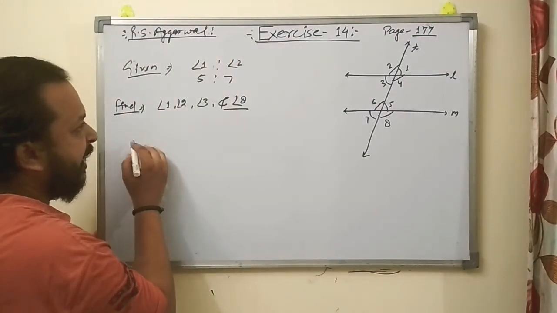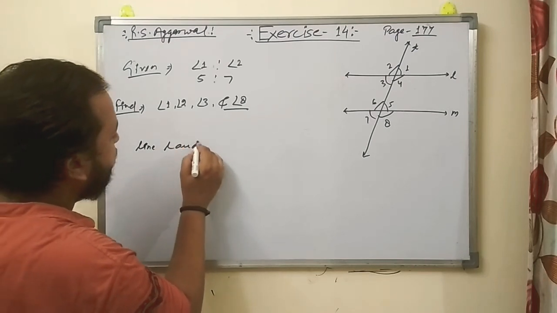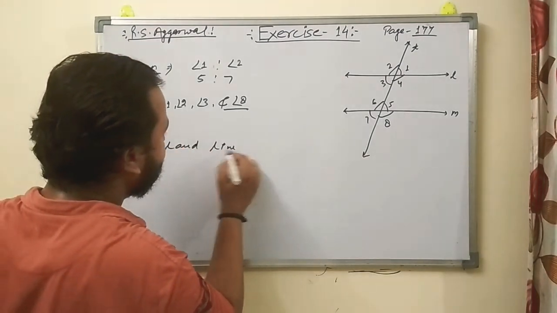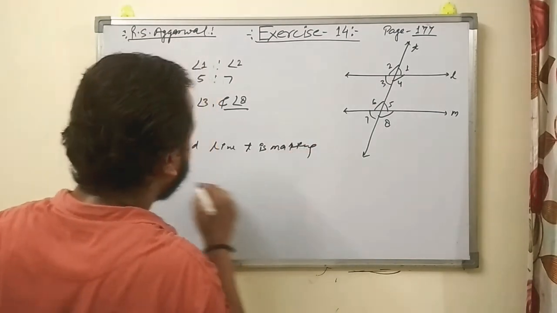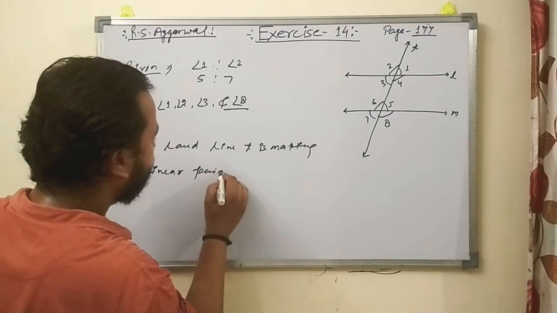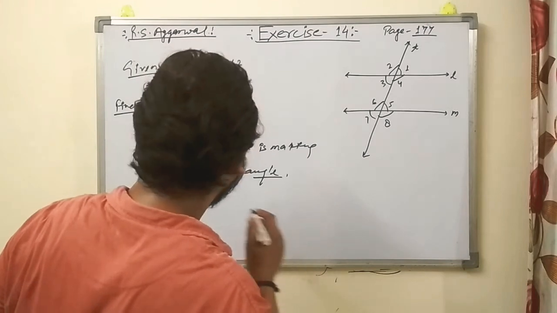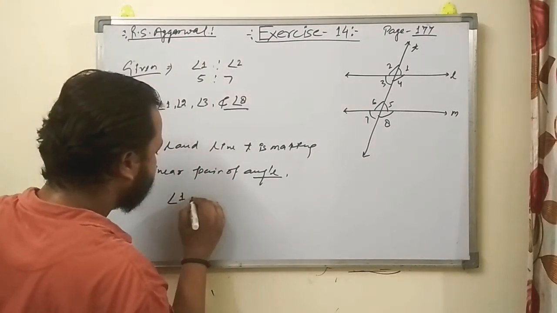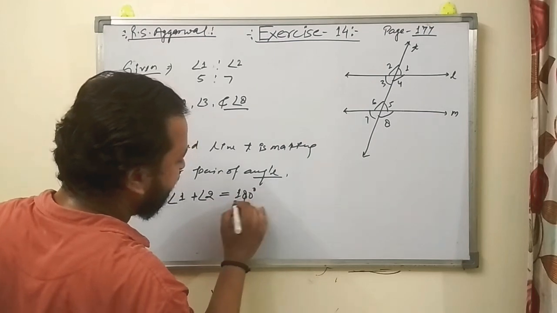So line L and line T are making a linear pair of angles, that is why angle 1 plus angle 2 is equal to 180 degrees, right?